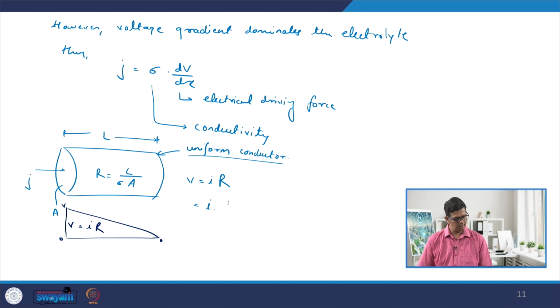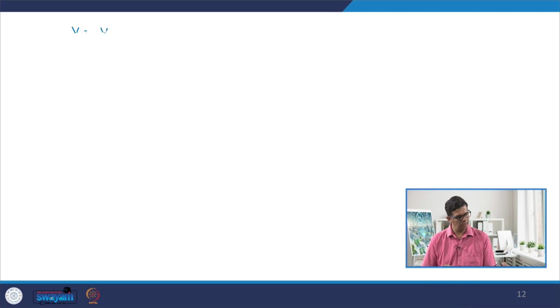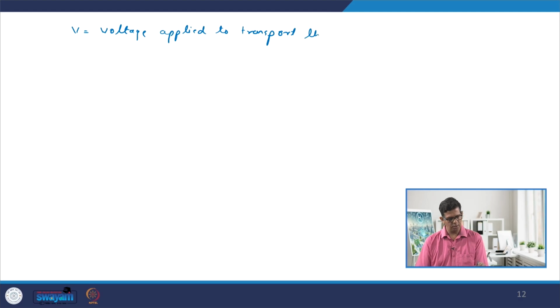I can write I equals V over R, where R is substituted by L by sigma A. So, this resistance R is L by sigma A, and this V is nothing but the voltage lost, or in other words, I had better write it as the excess voltage applied to transport the charge at rate I. So, we need to apply that excess voltage in order to bring those charges at the rate I from one surface to the other, or one end to the other.